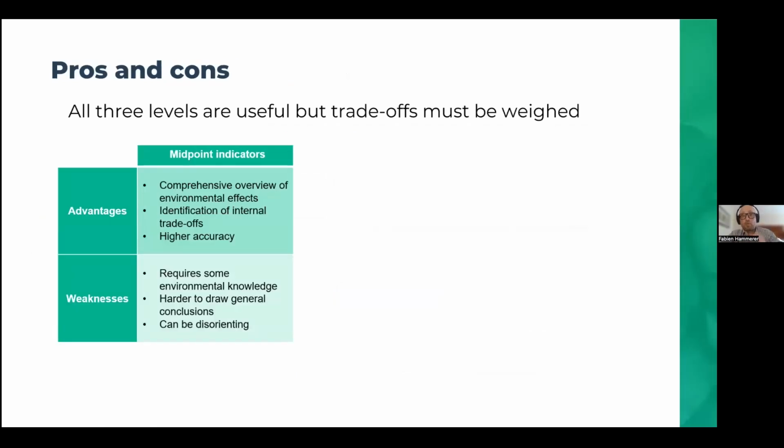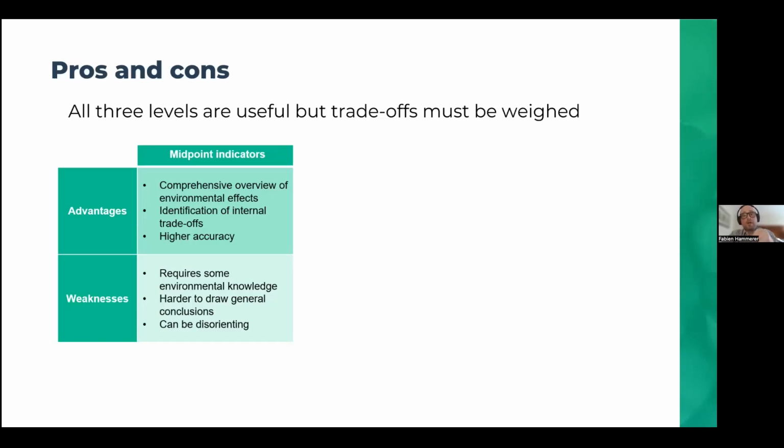You have to keep in mind that all three levels are useful, but they will depend highly on which objectives you set for your LCA. Midpoint indicators, we've seen they're great to give you a comprehensive overview of the environmental effects of a product and to compare those across many categories. They allow you to identify internal trade-offs. So the trade-offs is where we saw that inversion between product A and B across different impacts.